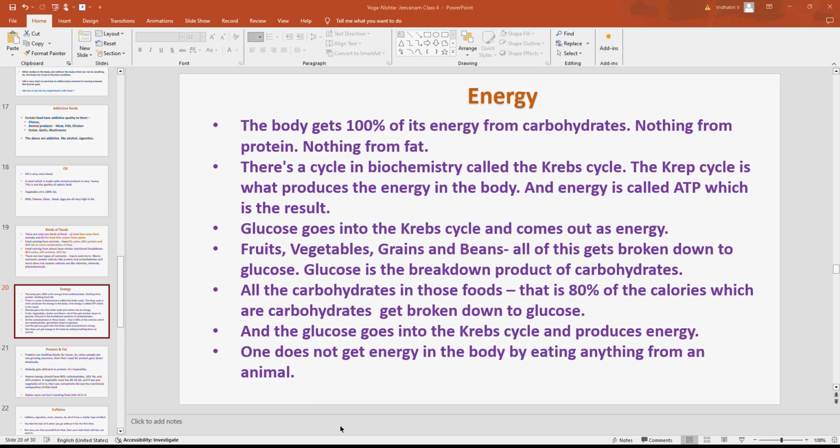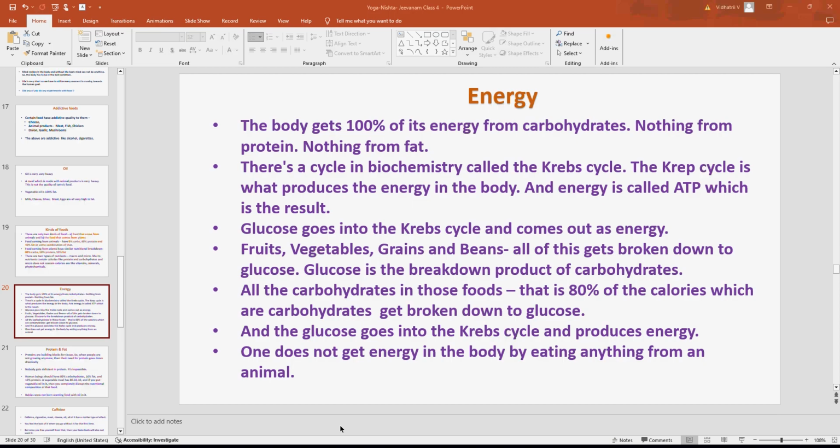They are carbohydrates, and they get broken down to glucose. This glucose goes into the Krebs cycle and produces energy, and our body functions with that energy. This is what happens when you eat a whole food plant-based diet.